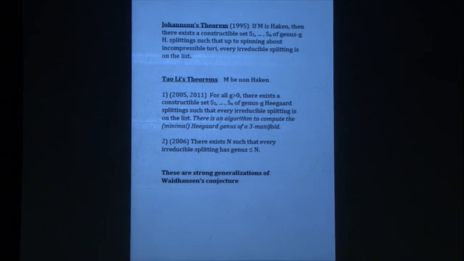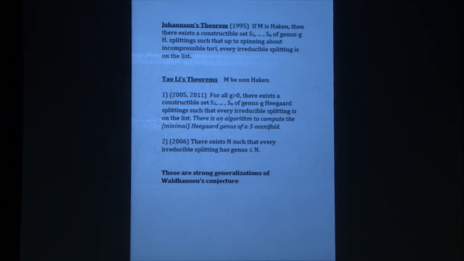On the other hand, in the non-Haken setting, in a series of 2 papers, Tao Li showed that for every genus there are only finitely many irreducible Heegaard splittings of that genus. Furthermore, he gives a way of constructing a finite set of Heegaard surfaces so that every irreducible Heegaard surface of genus g appears in that list.